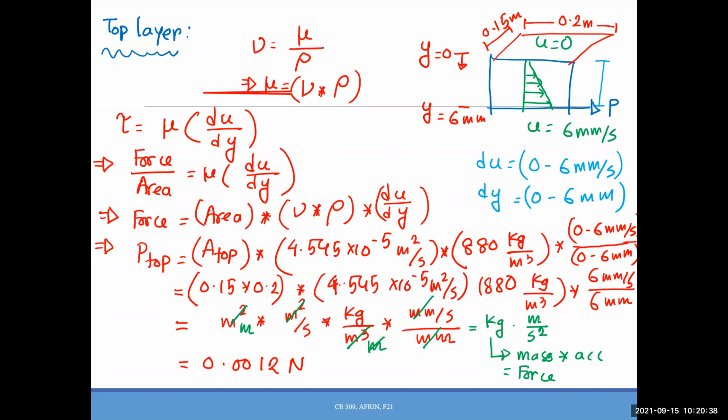The only difference will be, instead of 6 millimeter, we need to use the thickness of the lower part of the fluid. Do that, and once you are done, tell me. Then I will work on the board.